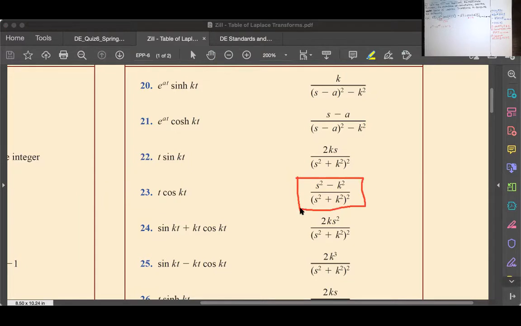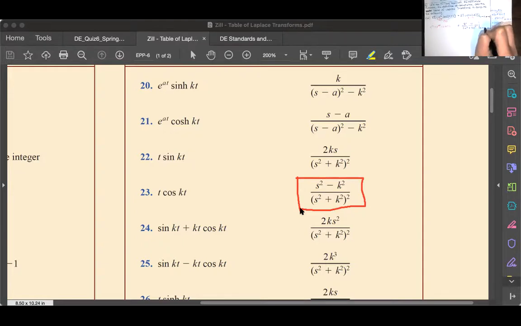So it's s squared minus k squared. In our case, k is 4, so this is going to be s squared minus 4 squared, or s squared minus 16, divided by s squared plus k squared, so that's 16 again, quantity squared.